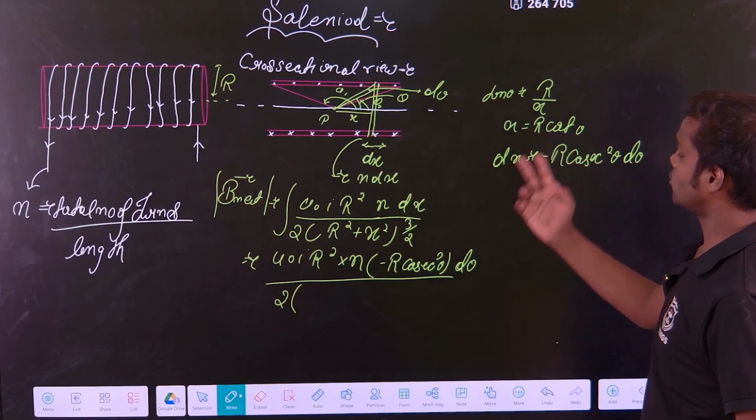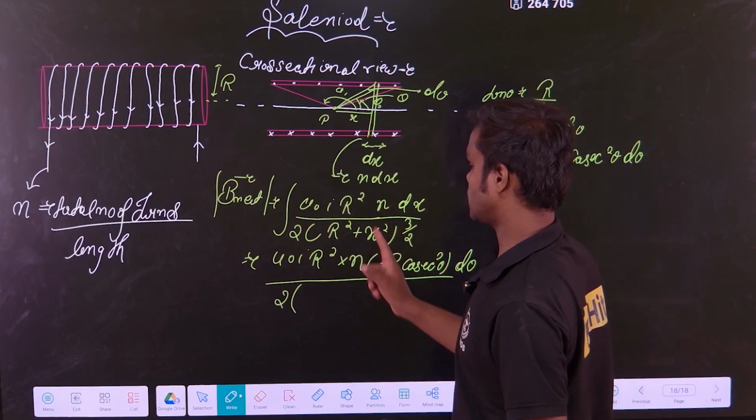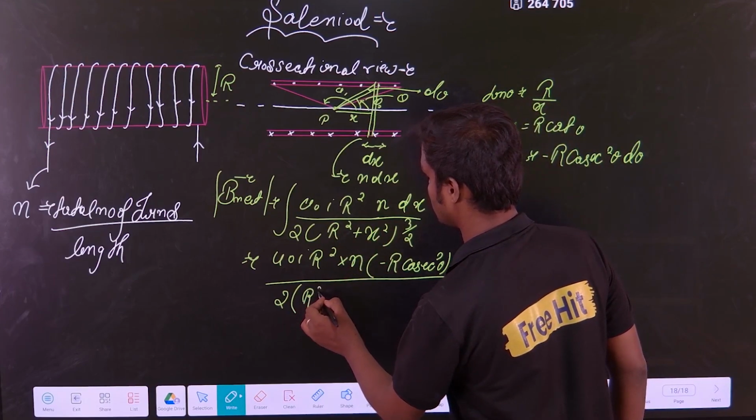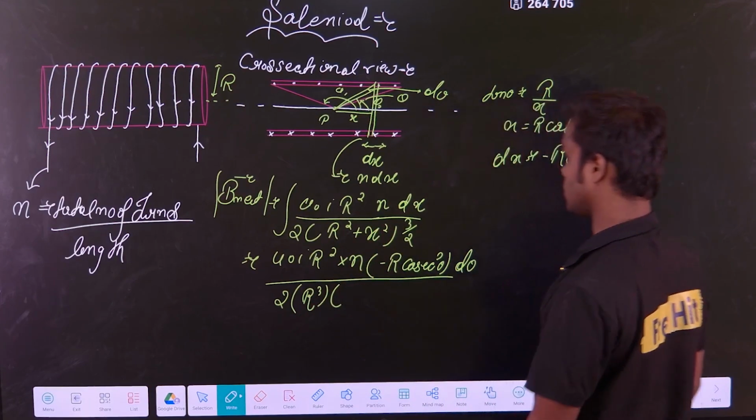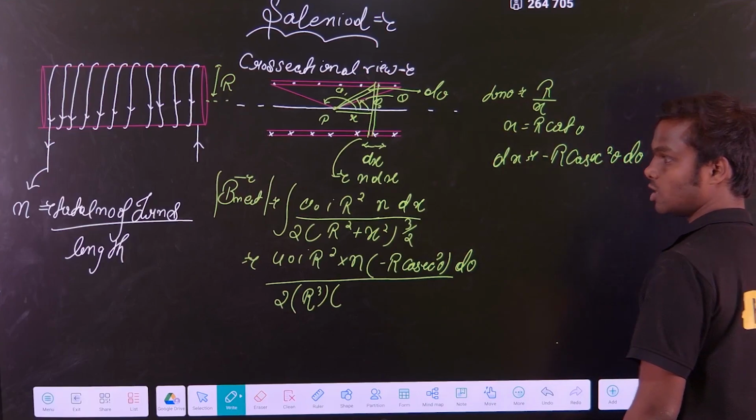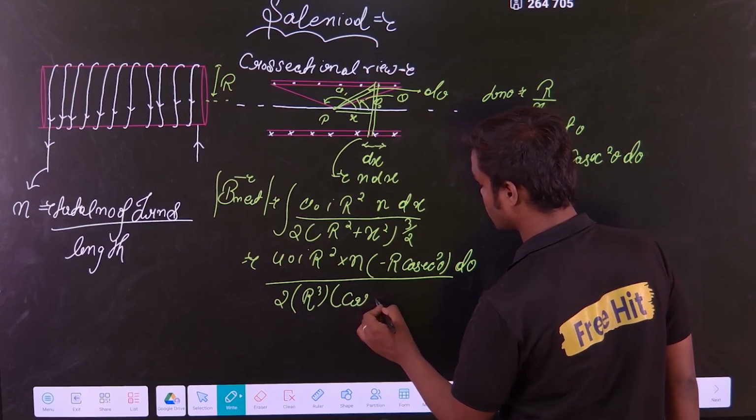Now you will put this value here, so r square will come outside, this will become r cube. And one more thing, 1 plus cot square theta is cosec square theta. So it means cosec cube theta.